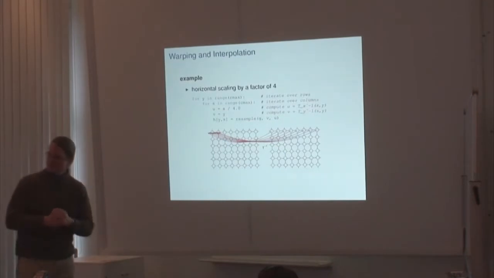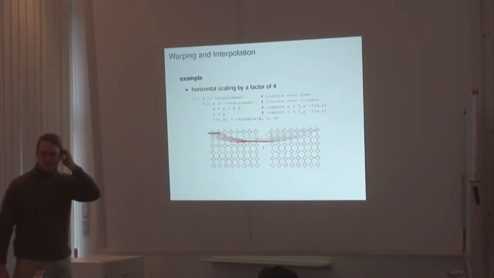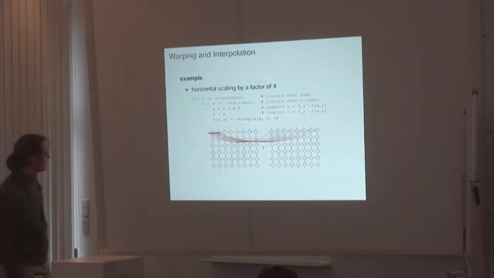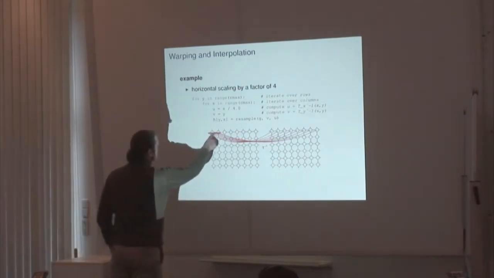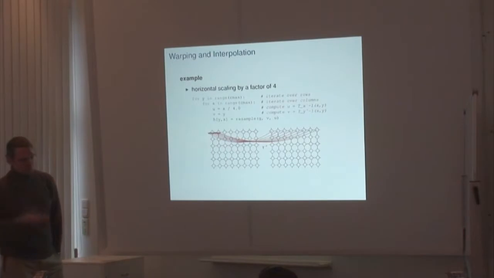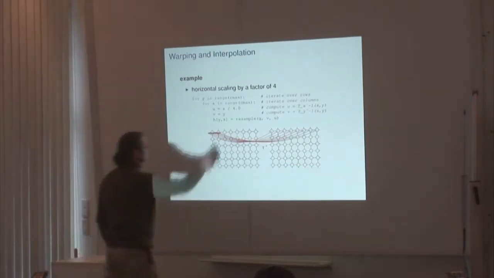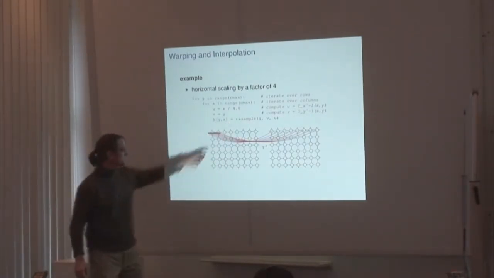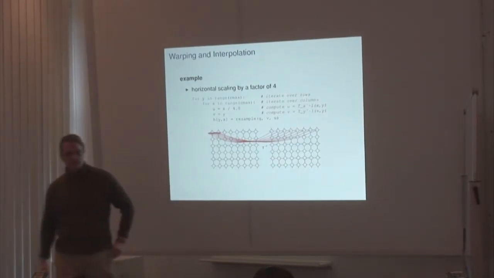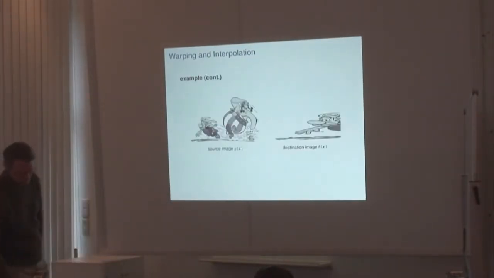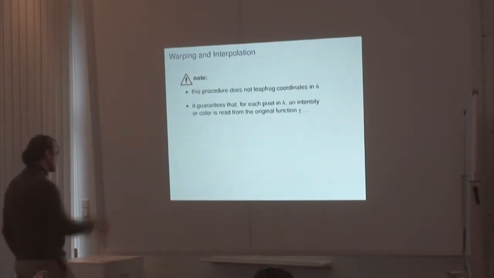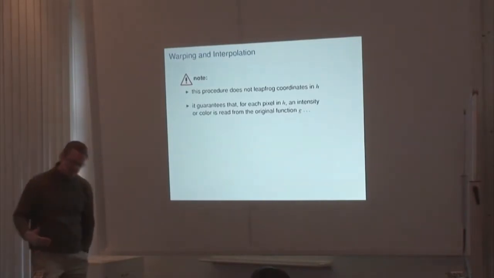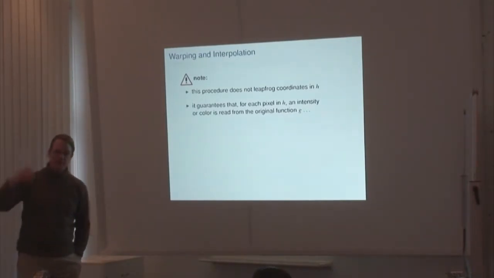It is less of a problem than the issue we had with the push warps, but we have to think about what to do with these pull warps, with these inverse functions that end up in between given pixels. So once again, this is how that looks. And this procedure is guaranteed not to leapfrog any pixel in the new image, which is great, because we can compute a color or intensity value for every pixel in the new image.